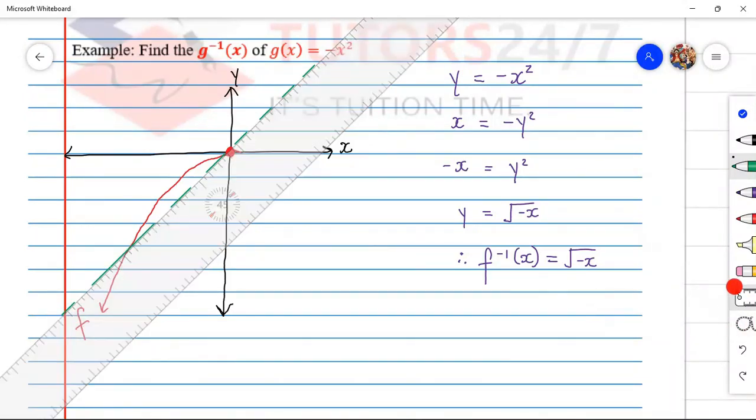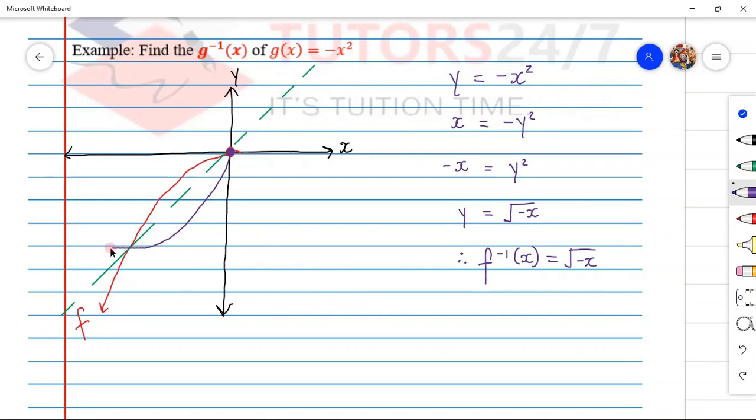Now, let's draw a graph in purple. That looks a bit weird. Let's try once more. That looks much better. So that is the inverse of f, and we draw it using our line y equals x.